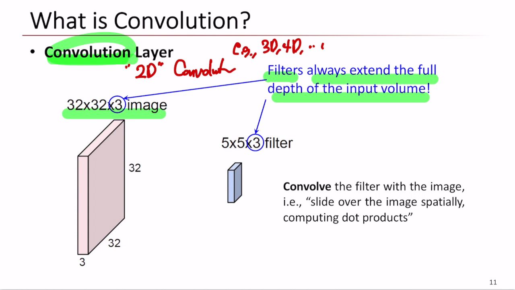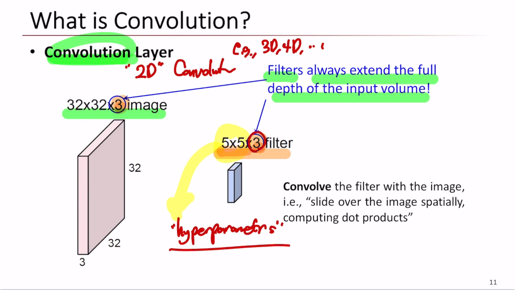If we consider a 32 by 32 by 3 image, your kernel should have the same depth as the input volume. In this case, 3. So your kernel should be 5 by 5 by 3. Even though 5 by 5 can be varied, this 5 by 5 is the hyperparameter that we have to tune. But the depth of the filter should be the same as the depth of the input to this single convolution layer. That's it.